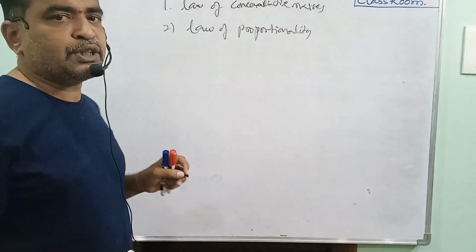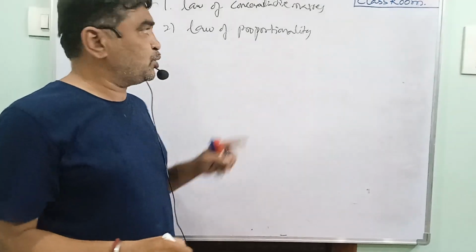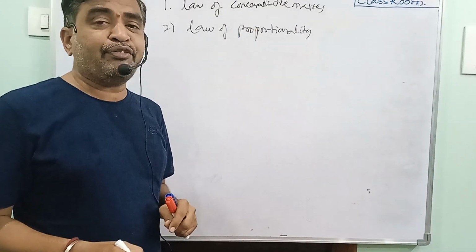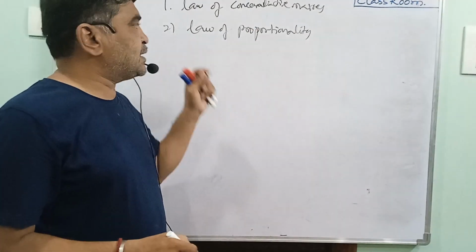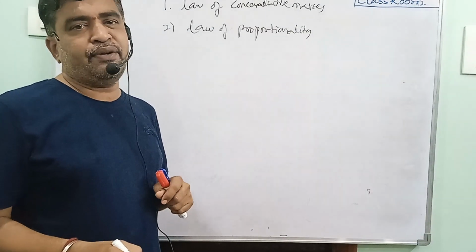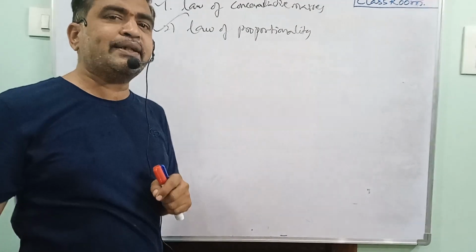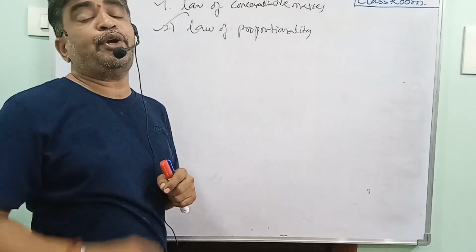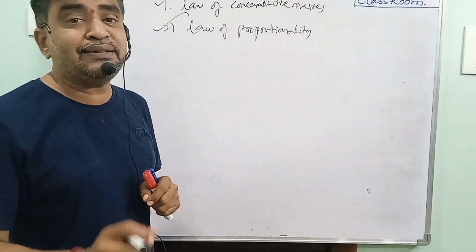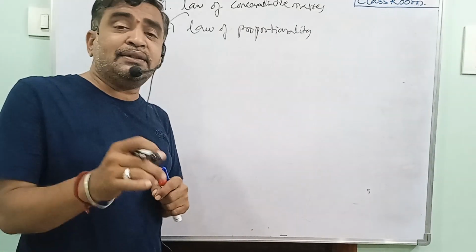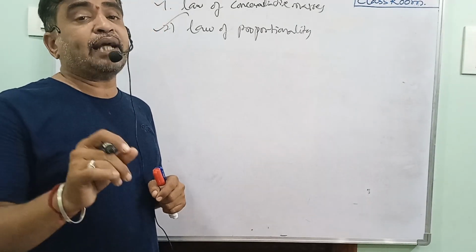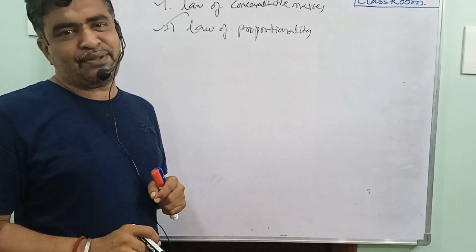Every reaction should follow these two laws. If you satisfy these two laws, then only is that reaction called a stoichiometric reaction, that is, a balanced reaction. The balanced reaction gives the entire information about the reaction.